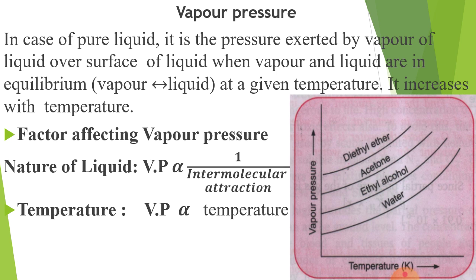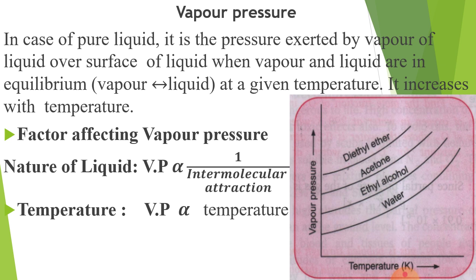So it can be defined as, in case of pure liquid, the pressure exerted by vapors of liquid over the surface of liquid when the vapor and liquid are in equilibrium at a given temperature. That is, evaporation is equal to condensation. It increases with temperature just like evaporation.